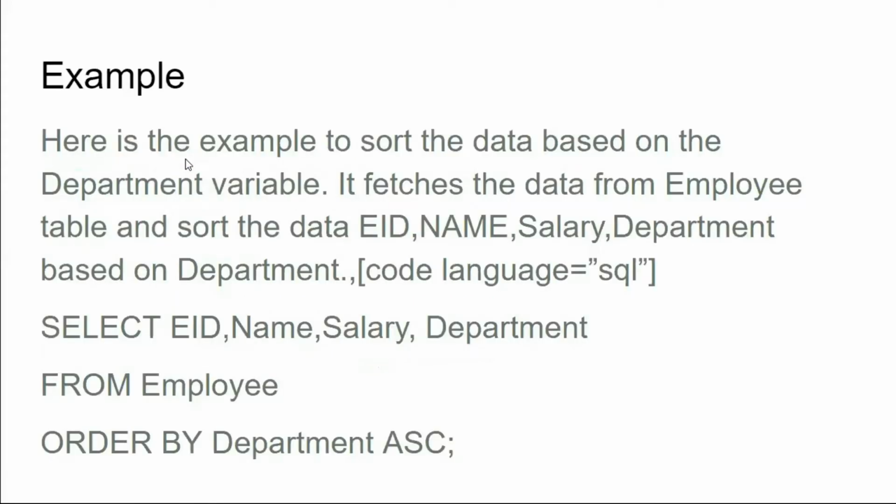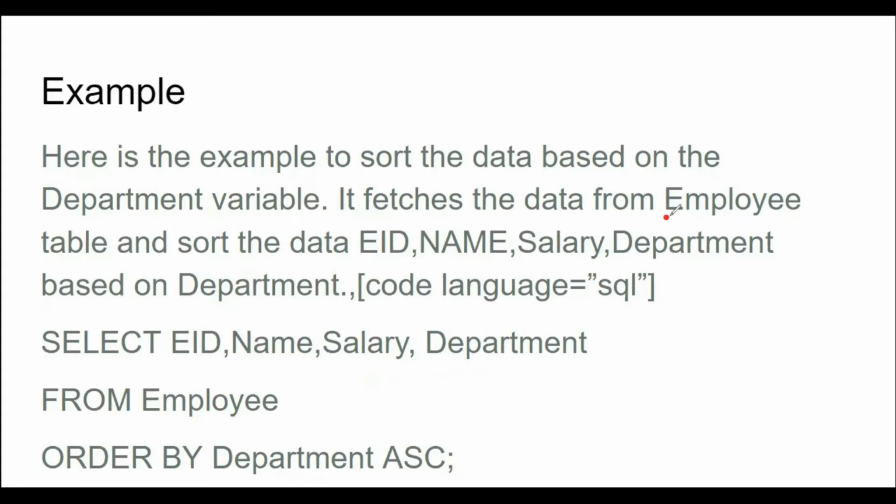So here I have taken a table. The table name is employee. I have to sort my data, EID, name, salary, department, and the sorting should be done completely based on the column name department.